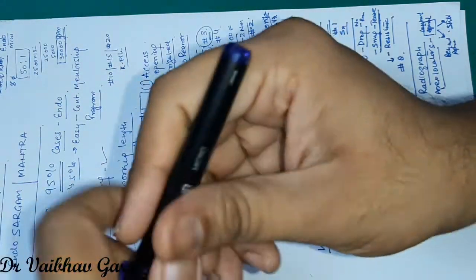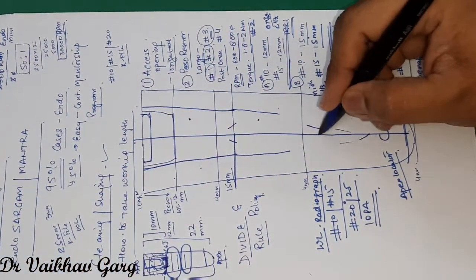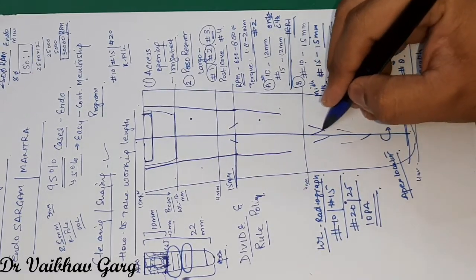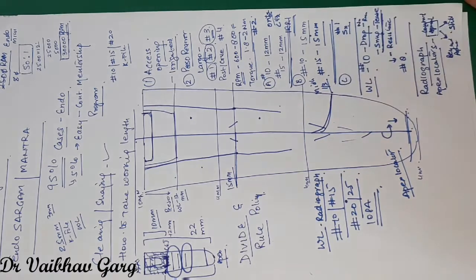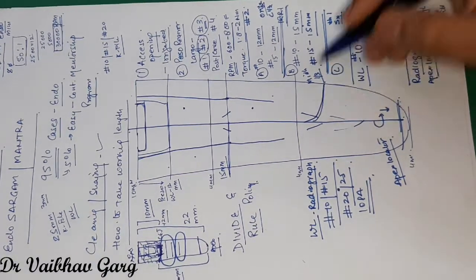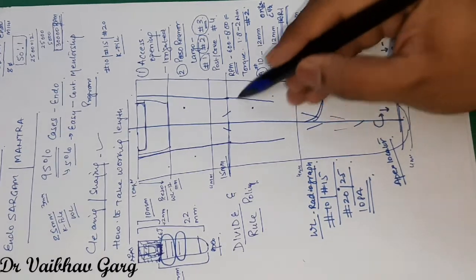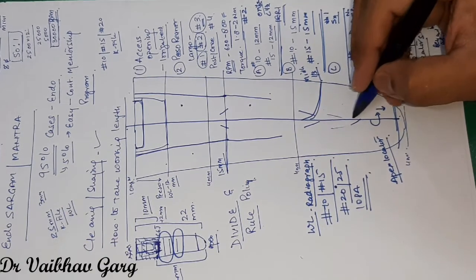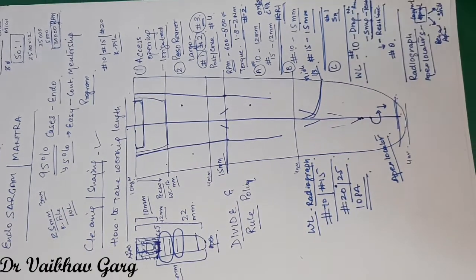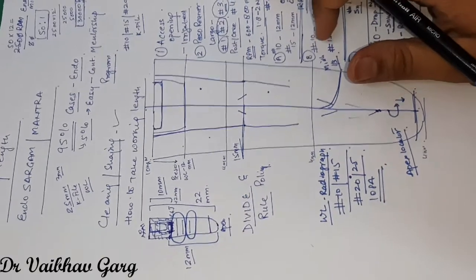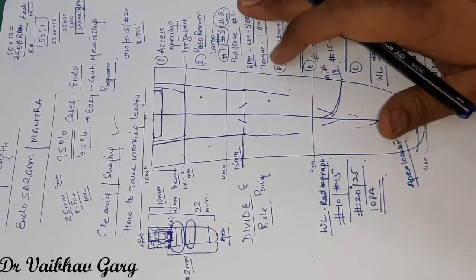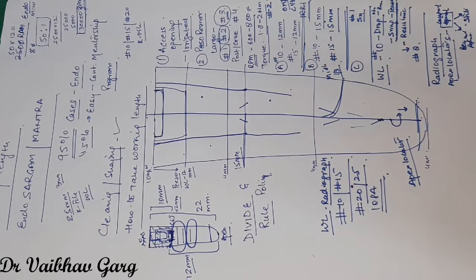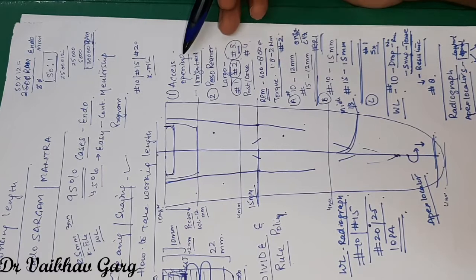There can be fine constrictions, or there can be lateral spaces. So if your file does not go very slowly towards the working length, you will definitely create ledges. Please focus on this technique. I know it is difficult. We are doing it for the first time for a virtual training program, but just let us make it easy.